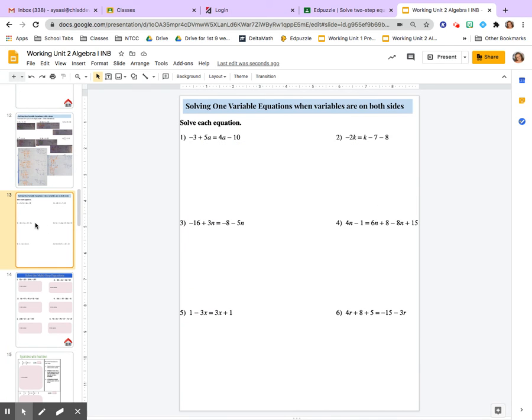So I'm going to start a new page in my composition book, and I'm going to name this Solving One Variable Equations when variables are on both sides.